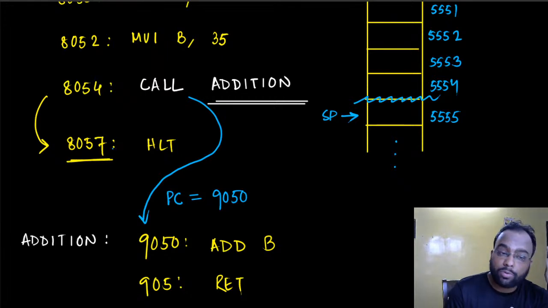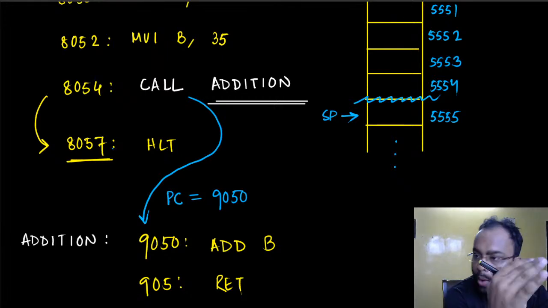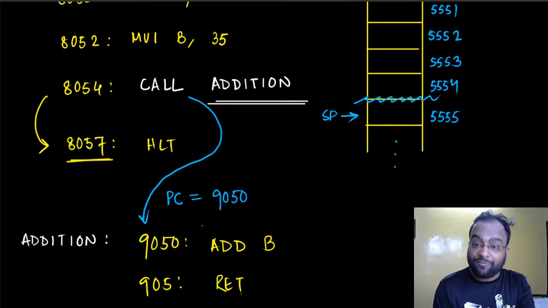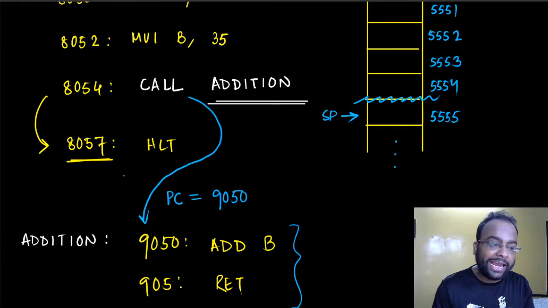So the computer needs to have a way in which it can remember where to come back. It needs to put a marker on the next address, for example. After doing this entire subroutine, it will have to come back to this halt instruction to end the main program.